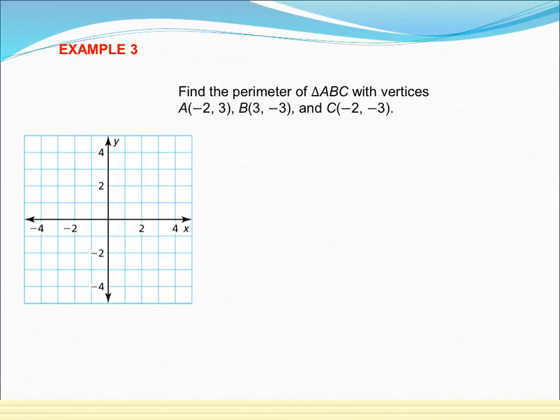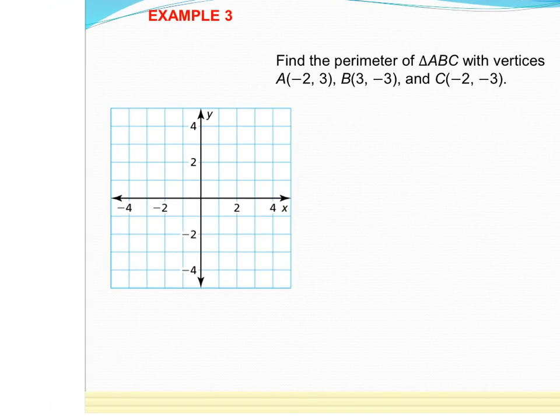So the first one is asking us to find the perimeter of triangle ABC. See this little symbol? Instead of writing the word triangle, they draw a picture of it, and then you can put the 3 vertices. So I'm going to graph A, -2, +3. I'm going to graph B, +3, -3.